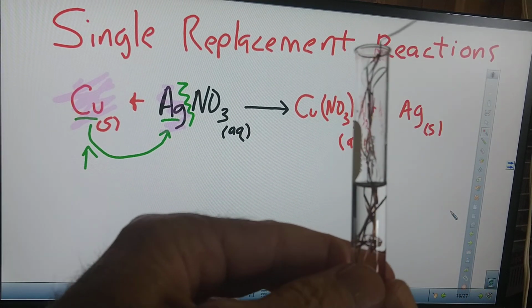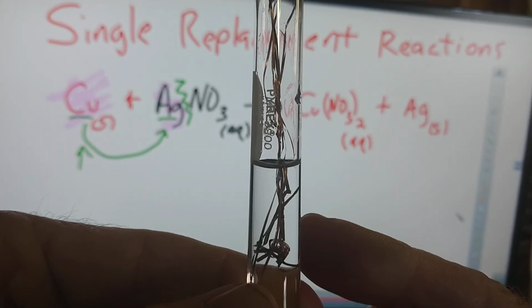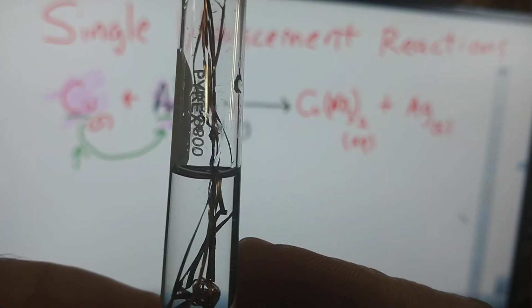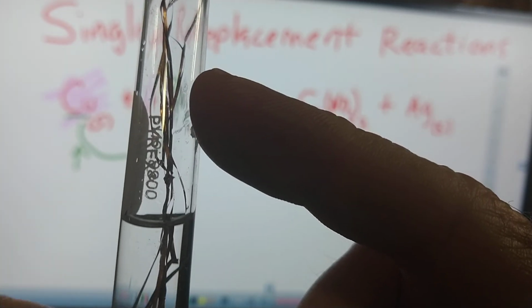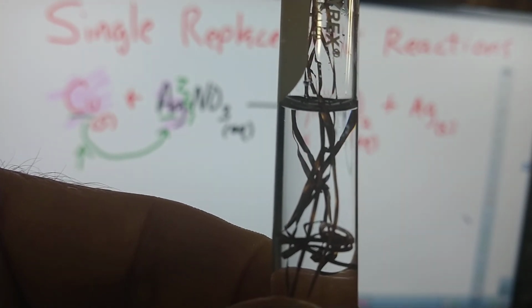So in this test tube, you'll see a copper color up here, but down in the water where the chemical reactions occurred, you're going to see this copper color turn silver, because you'll actually see the silver from the water come out. We'll take a look at that later. I may need to let it sit until tomorrow.